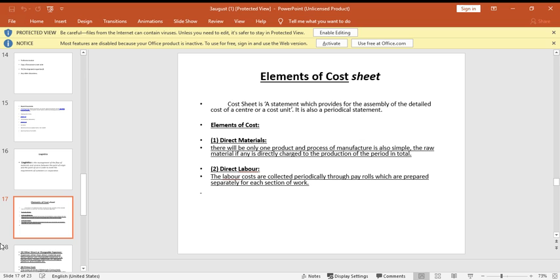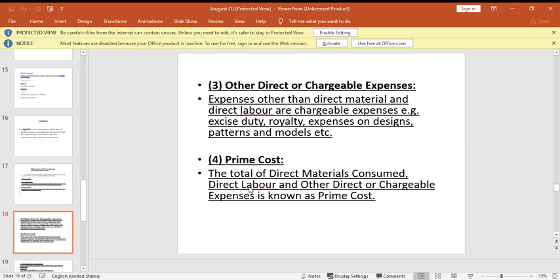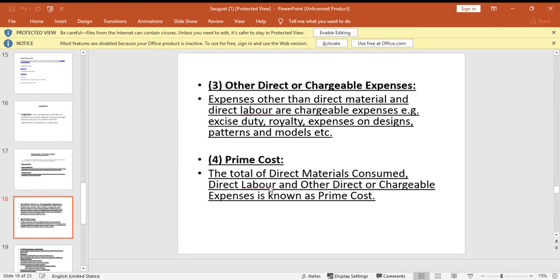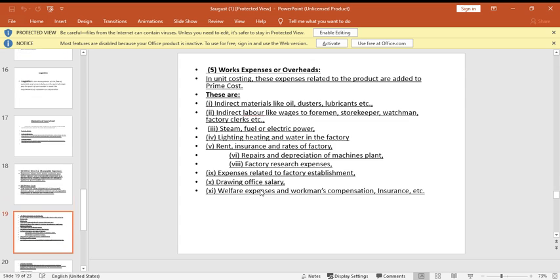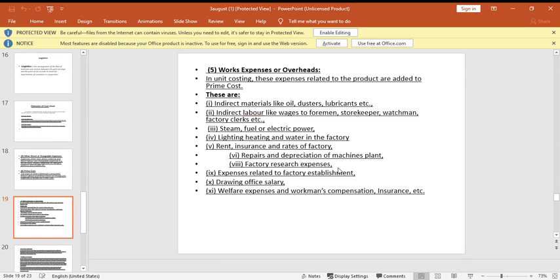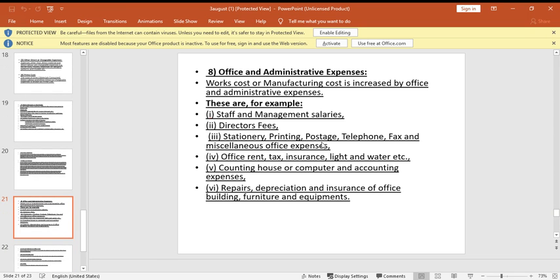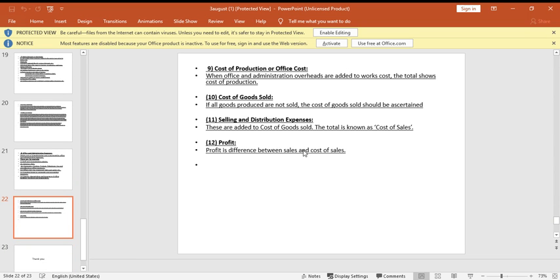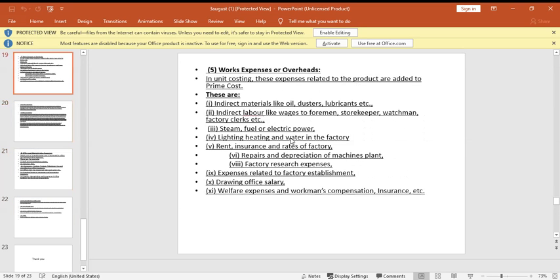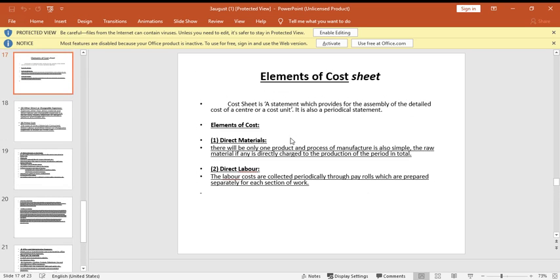And the elements of cost are 12: direct materials, direct labor, other direct or chargeable expenses, prime cost, work expenses or overheads, scrap or wastage, work in progress, other office and administrative expenses, cost of production or office cost, cost of goods sold, selling and distribution expenses, and profit. So 12 are the elements which make up the cost sheet.